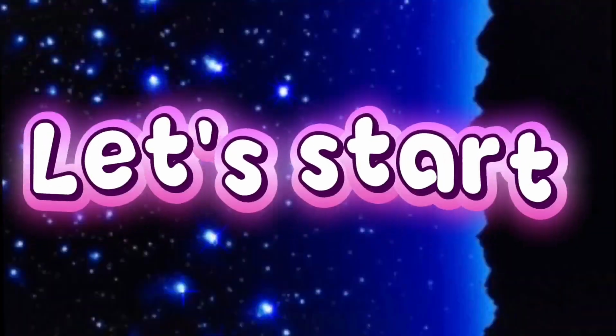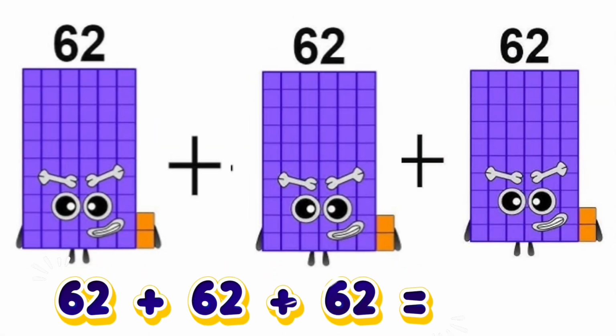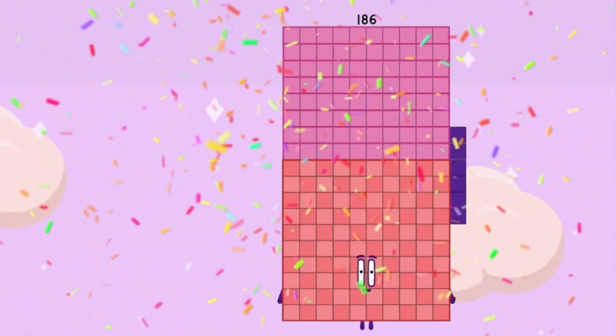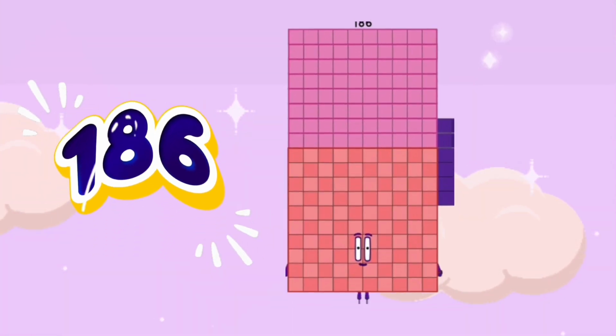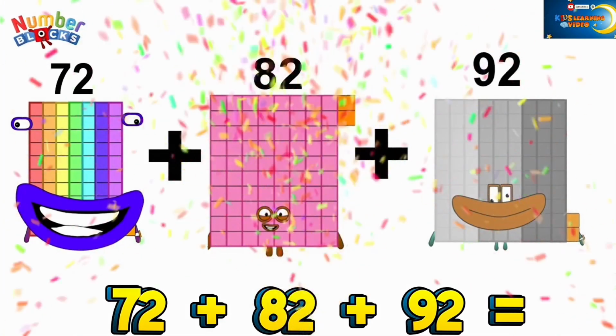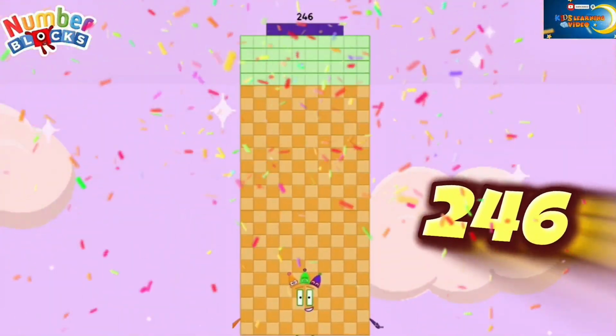So let's start. 62 plus 62 plus 62 is equal to 186. Next, 72 plus 82 plus 92 equal 246.